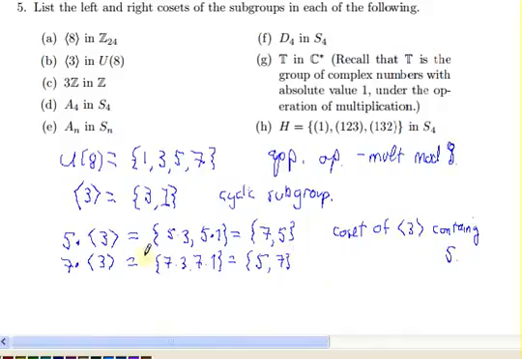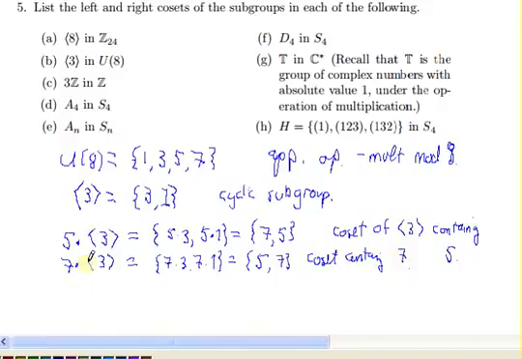Notice that if I multiply the cyclic subgroup generated by 3 by 5, I get this set, and I also get the same result if I multiply by 7. So I actually end up with the same set. This is the coset containing 7.